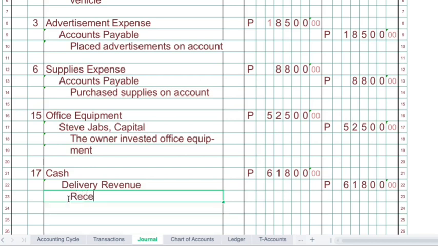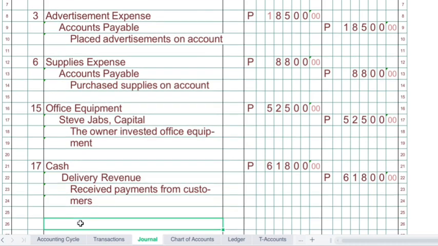So, receive payments from customers. Okay. So, pwede ring rendered service and receive payments. Okay. So, much better receive payments na lang from customers. So, mas direct.